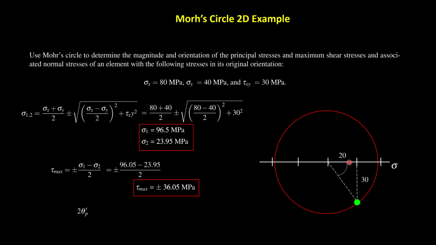If I use the tangent of the angle, taking into account these two values here, I'm going to find out that in Mohr's circle angle, I would have to orient my element an extra 56.30 degrees to get the principal stresses.